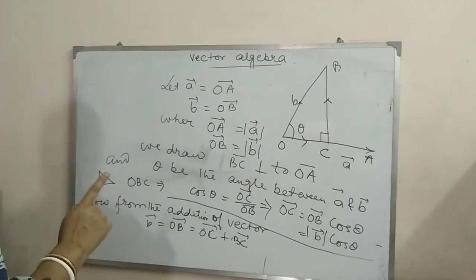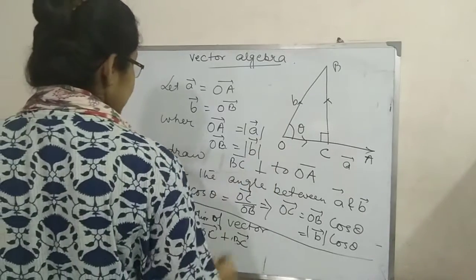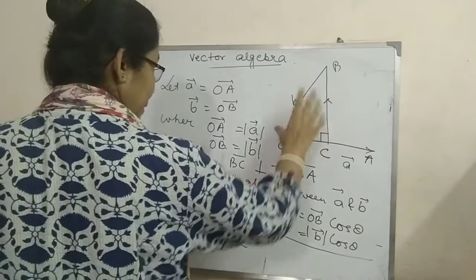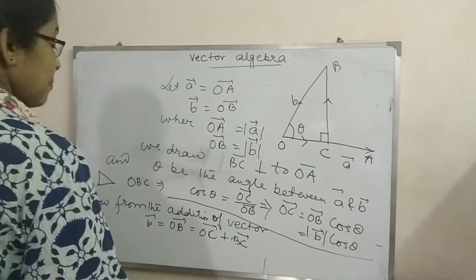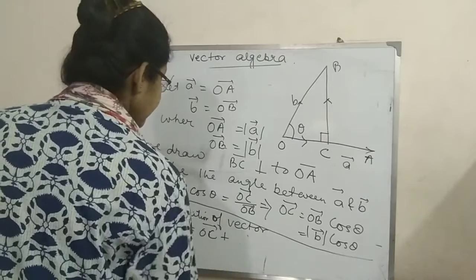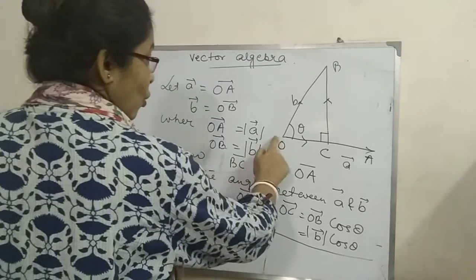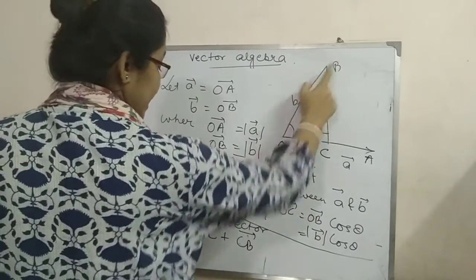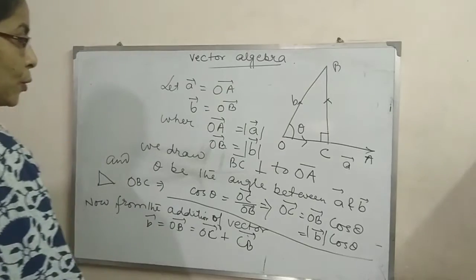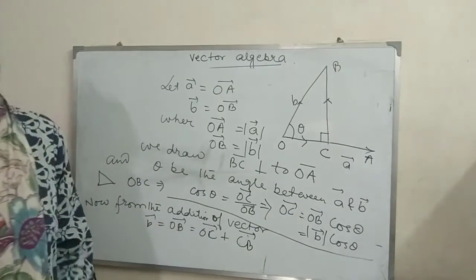From the addition of vectors, I can write vector B equals vector OB equals OC plus CB.